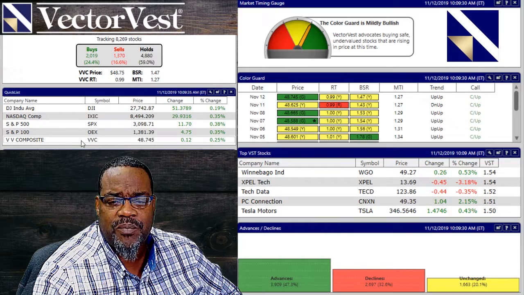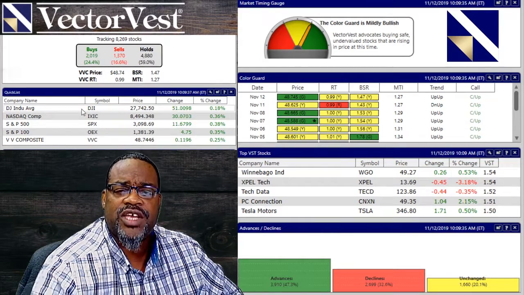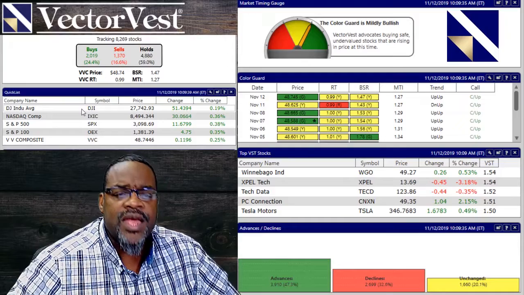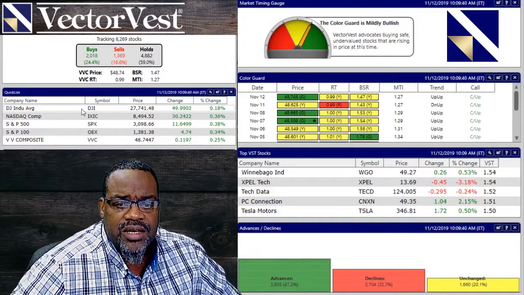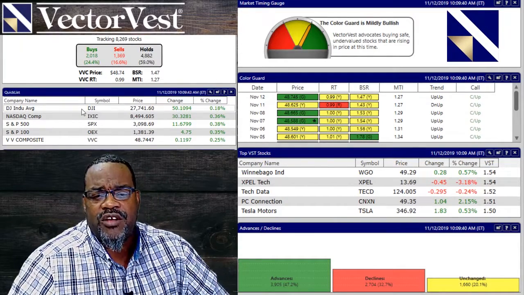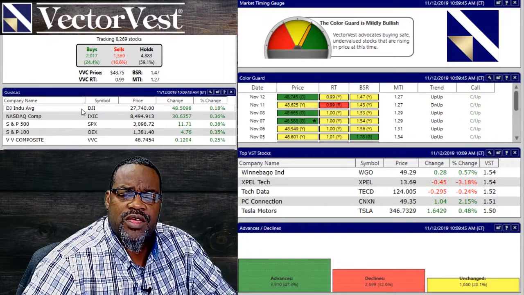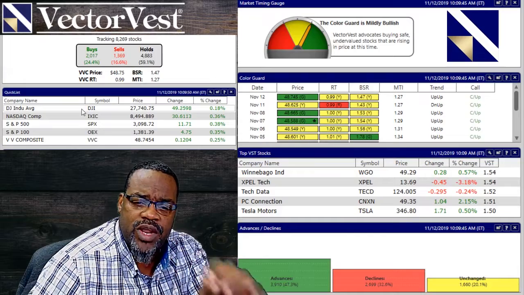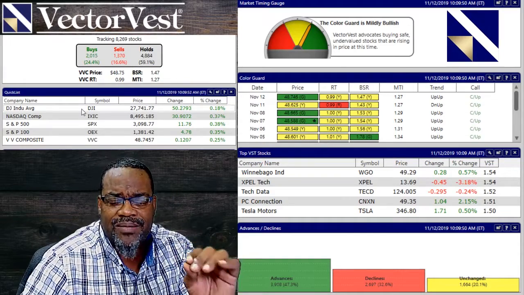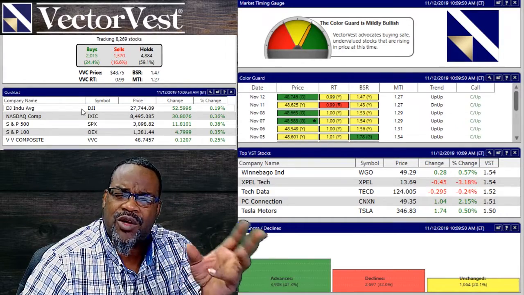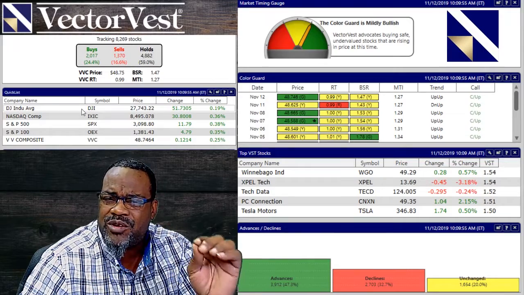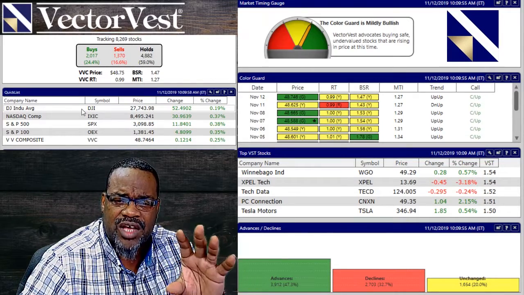Our VectorVest Composite is different from the major indices that you may be used to. The Dow tracks 30 stocks. The NASDAQ tracks about 4,300 stocks, and the S&P, of course, tracks 500 stocks. So in the Dow, when it moves, we say that the market is moving higher. But again, it's only 30 stocks, albeit 30 of the most popular, heavily traded stocks, but 30 stocks nonetheless.